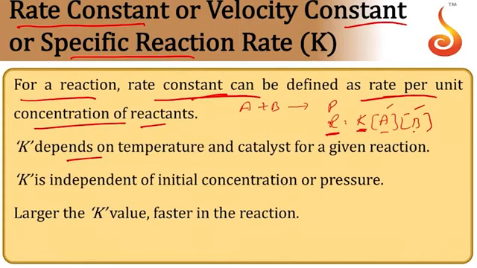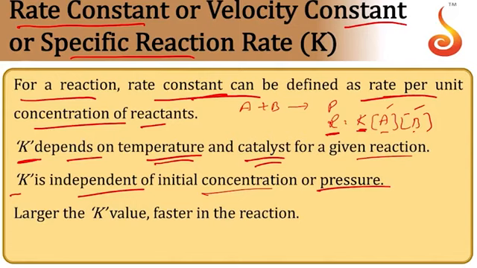K depends on temperature and a catalyst for a given reaction. If you increase the temperature, rate will be increasing, thereby rate constant also increases. And if you add a catalyst, rate will be increasing, then K will also be increasing. This implies that K depends upon the temperature as well as catalyst. K is independent of initial concentration or pressure, since we are defining K per unit concentrations.